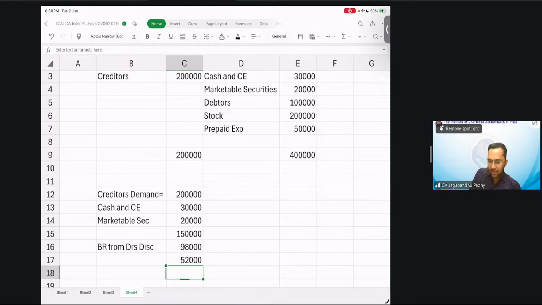Will I be able to pay this 52,000 of balance with the stock? I can't return back the stock to the creditors, right? And creditors would obviously shout at me, then why the hell have you purchased stock from me? So I cannot give back the stock to the creditors and say your claim is fulfilled. And then the other thing is let's go to the bank and ask for a loan against the stock.